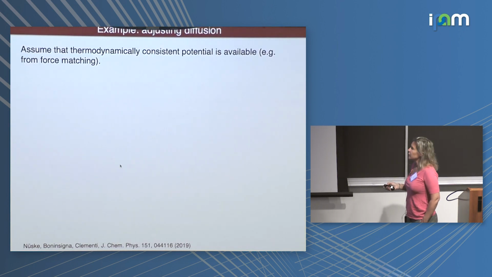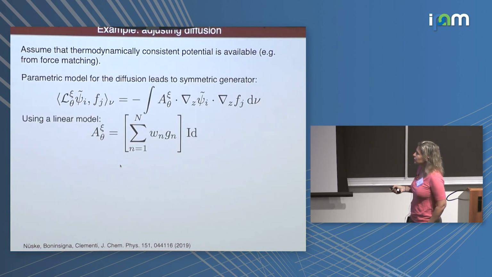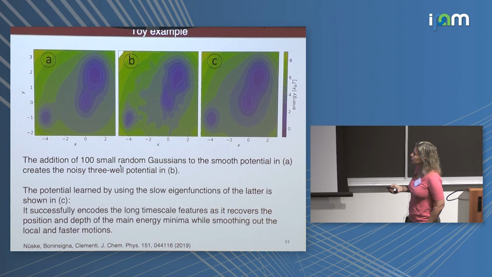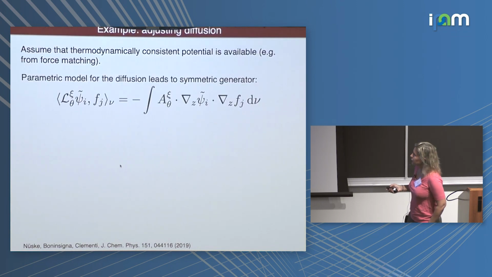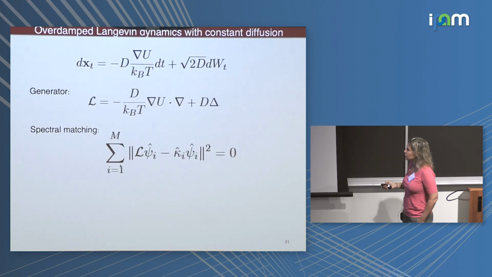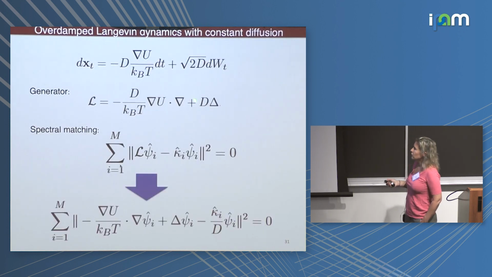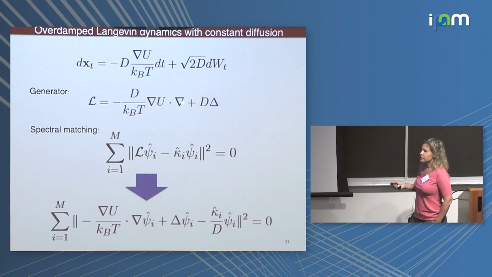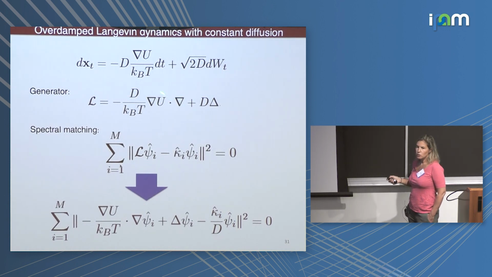At this point, I'm going to show you some results that we obtained with some linear regression. Okay, we can do also something else. Instead of changing the potential, we can say we get the potential by force matching, enforcing thermodynamic consistency.